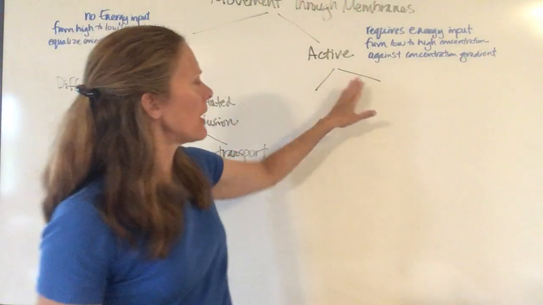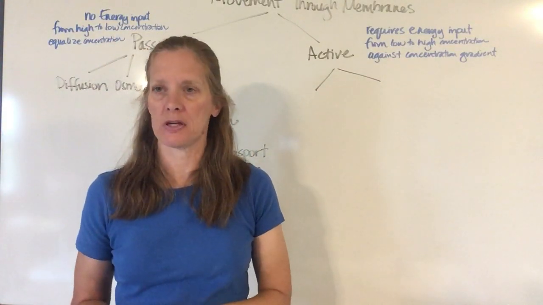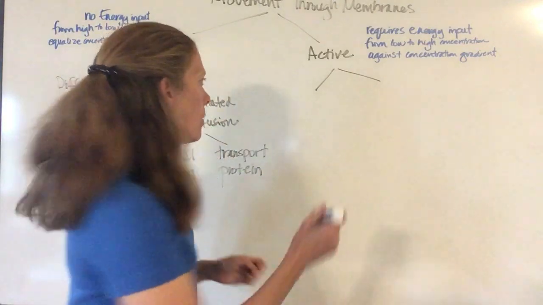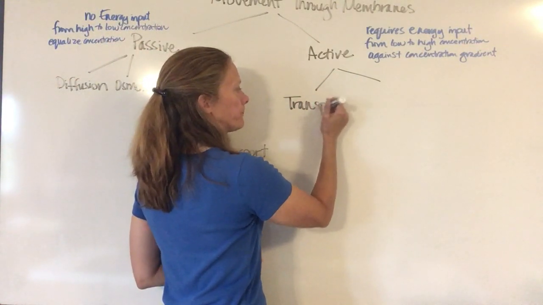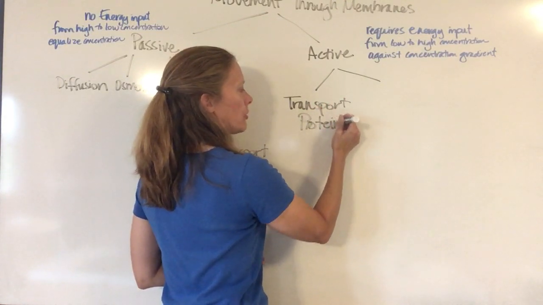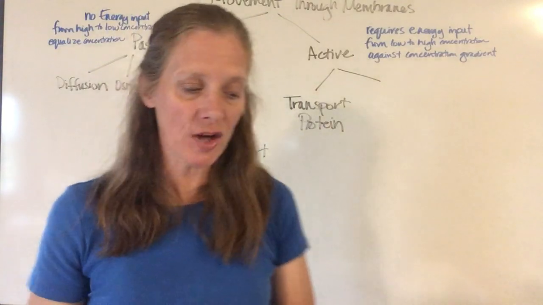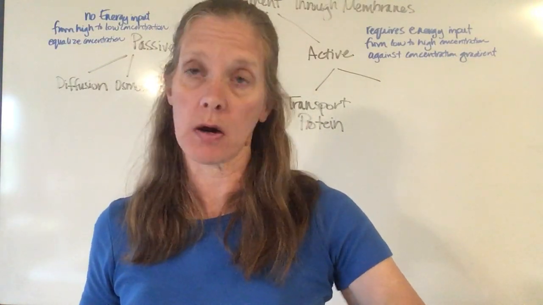Now, active transport will utilize one of 2 different methods to get things inside. One is the transport protein that we just talked about. And the method for these transport proteins to work will look exactly like it does on the bottom of your coloring sheet that we've already seen and gone through.